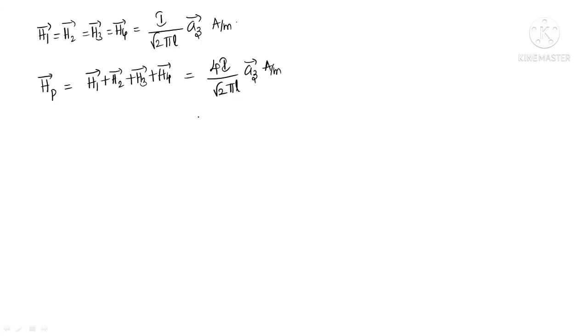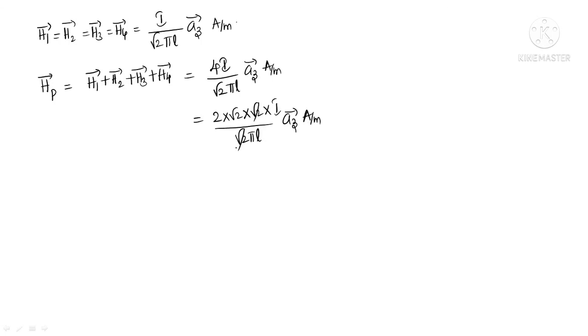Okay, so 4 can be written as 2 into 2. So I am writing this as 2 into root 2 into root 2 into I by root 2 pi L into AZ bar ampere per meter.